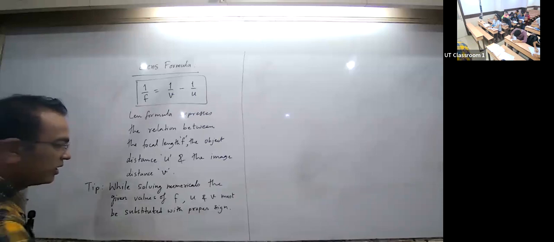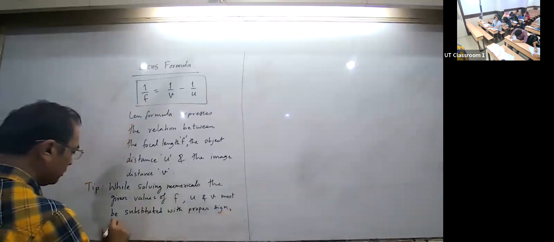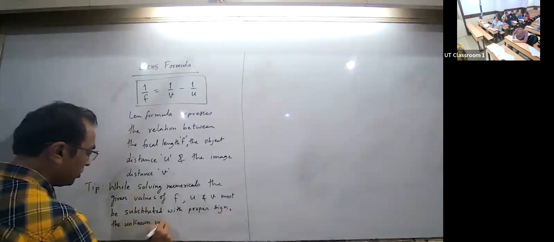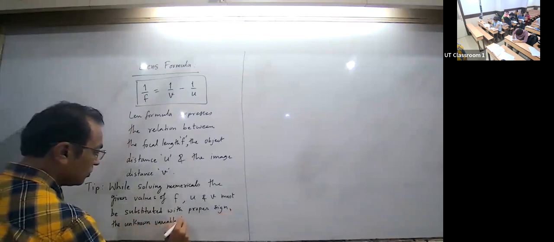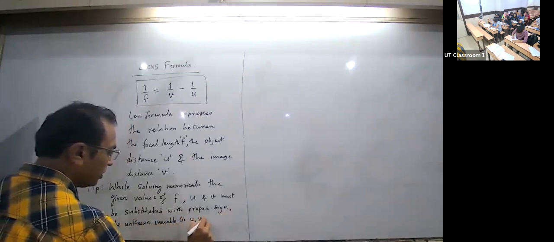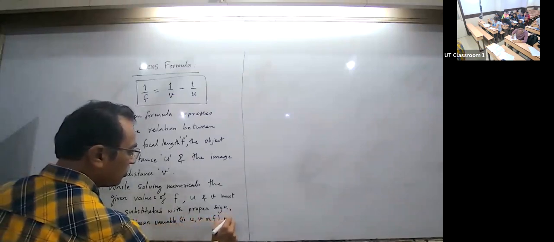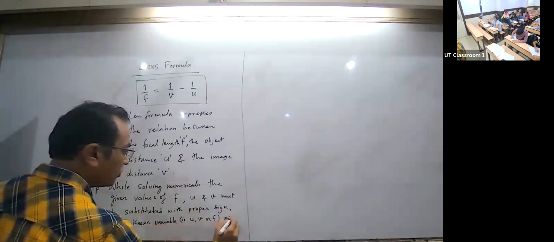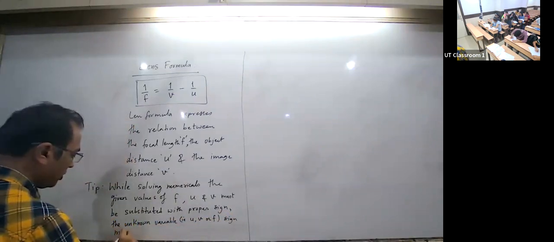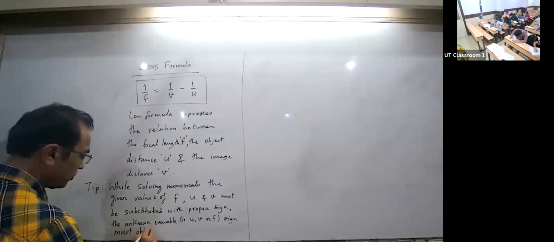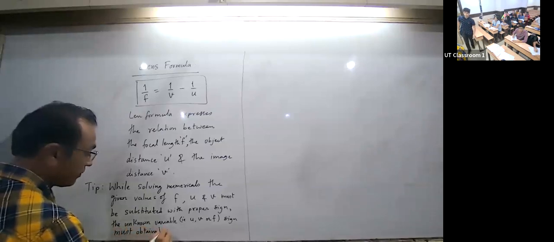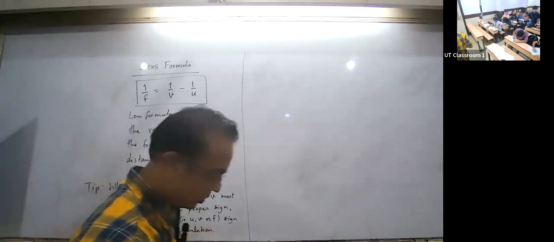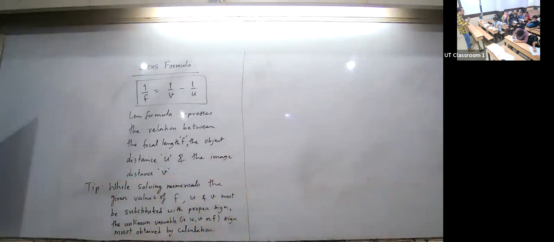The unknown should be left as it is, meaning without any sign. The unknown variable, that is u, v or f, must be obtained by calculation. So what value sign will you substitute? Only the given value, right?